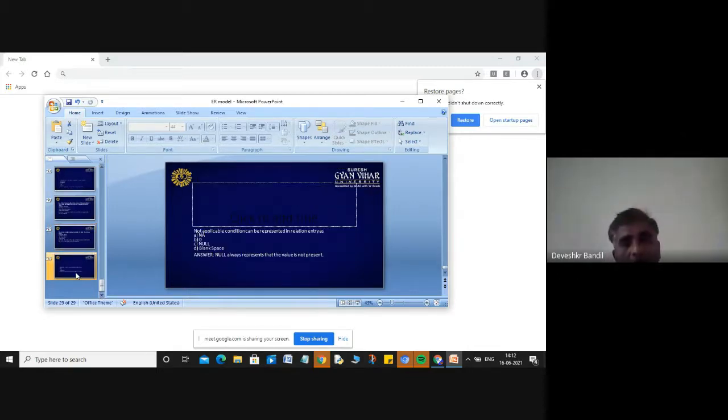And your last question is: how are not applicable conditions represented in a relation? As NA, 0, null, or blank space. So obviously null always represents that the value is not present. It means if your value is not present in a particular column, you always specify null.